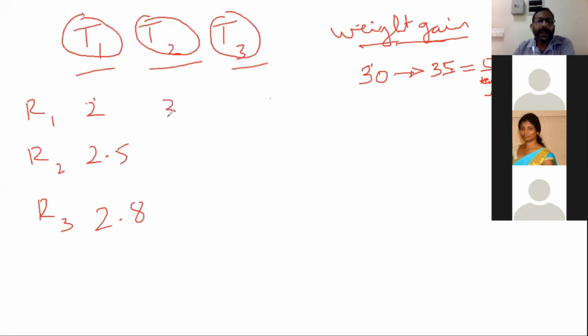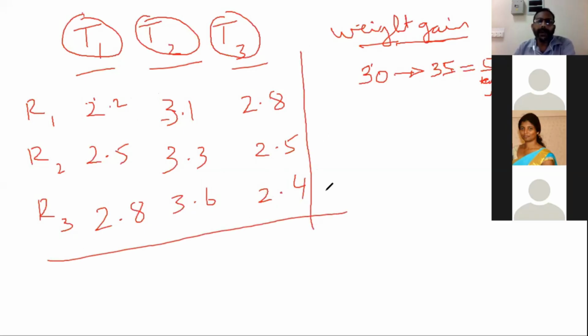Let's say treatment 2, 3.1, 3.3, some values, 3.6. This is 2.8, 2.5, 2.4. This is also say 2.2. These are the values.